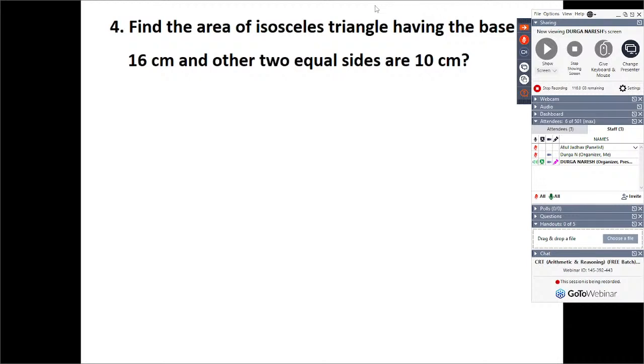Clear, all of you? So what is the direct formula? Here the base is 16, the B value is 16, and the two equal sides are 10. So the A value is 10 and the B value is 16.